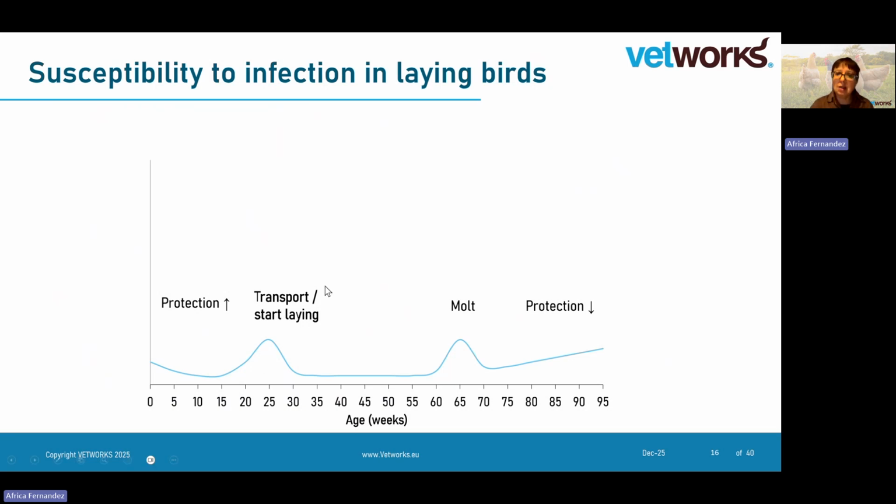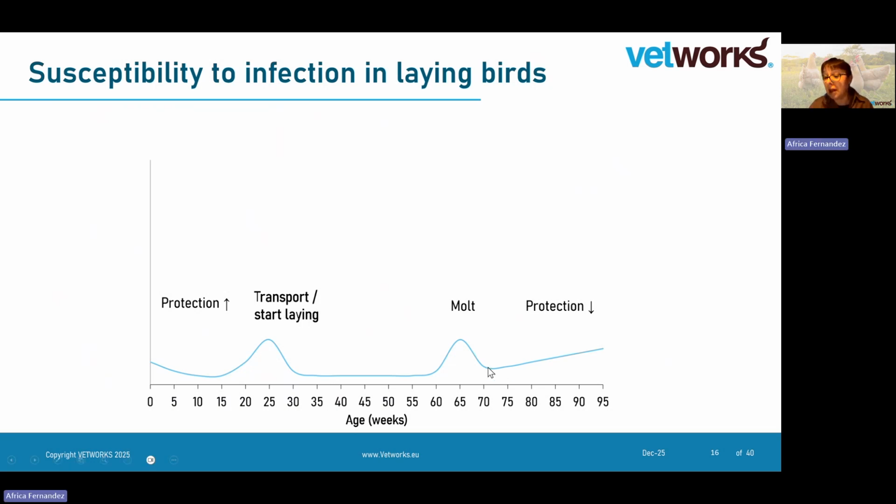And then when we start transporting the birds to laying, there is a big peak of increase in susceptibility to contamination, then it reduces. And then if the birds go through a molt, whether it's induced or a natural molt, this is also quite stressful, and they will be very susceptible to Salmonella.